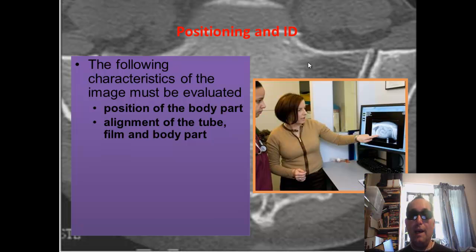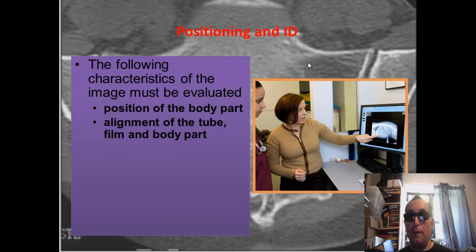The image must be aligned. Central ray, center to the center of the image receptor, and then the central ray going to the appropriate anatomical area of the part in question. For instance, if we're radiographing a hand, first the central ray should be centered to the center of either a CR cassette, a film screen cassette, or detented and centered to a flat panel detector.